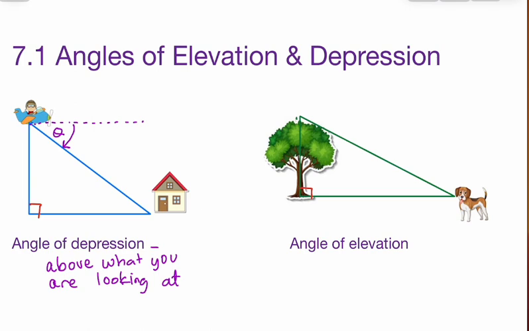Okay, so there's a little dog house. If he wants to see the little dog house, that is the angle measure that he has to drop his head in order for him to see the doghouse.